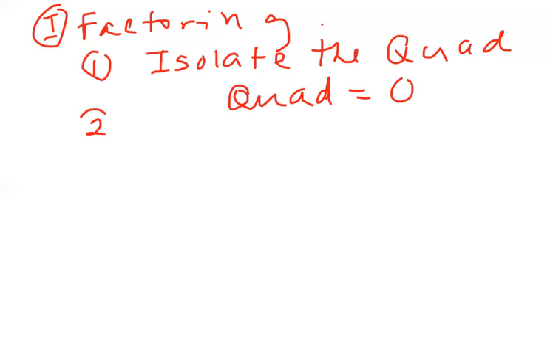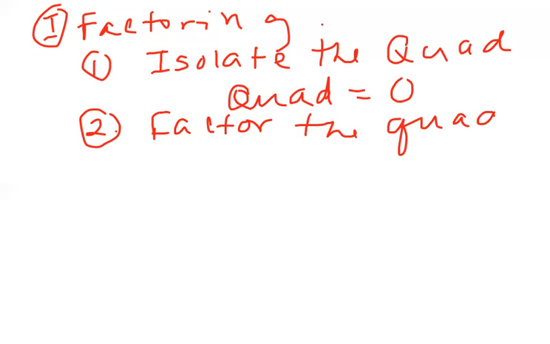Number 2, once you have the quadratic equal to 0, you want to factor the quadratic. Remember, guys, this is the factoring technique, so this means that whatever problem that you get that says to solve by factoring, it can be factored. So if you cannot factor it, it may mean that you might not be able to do factoring, but that doesn't mean that it's not factorable.